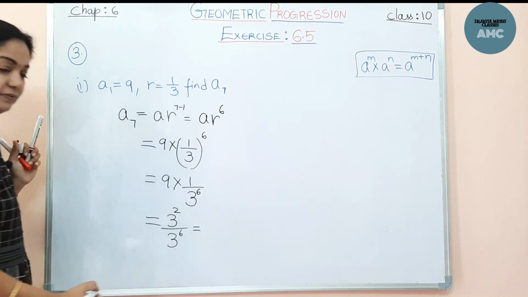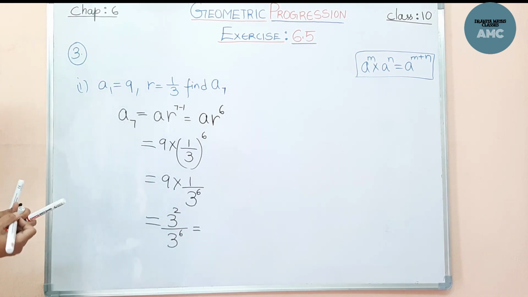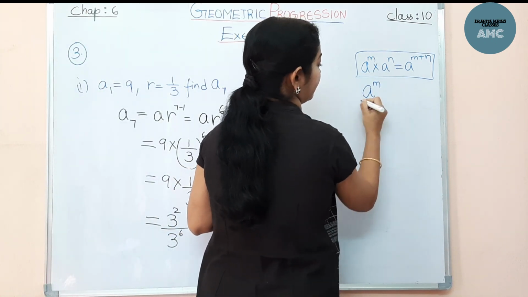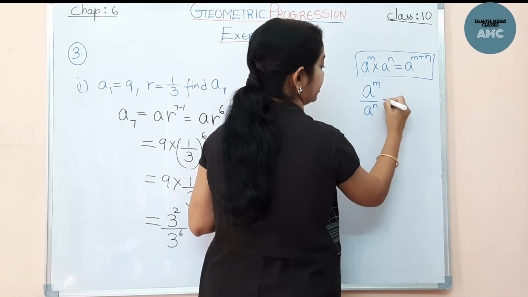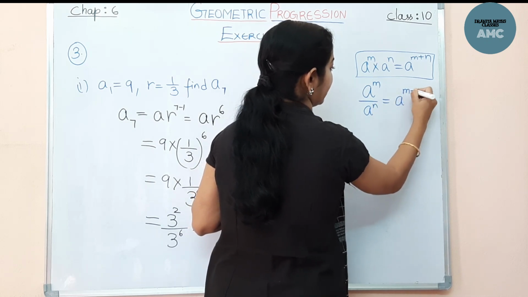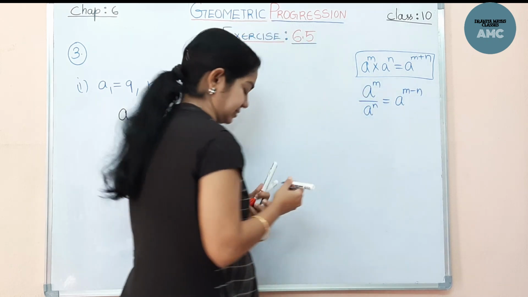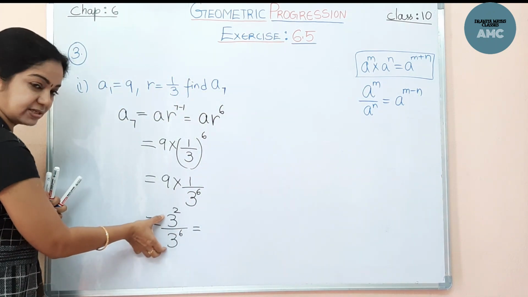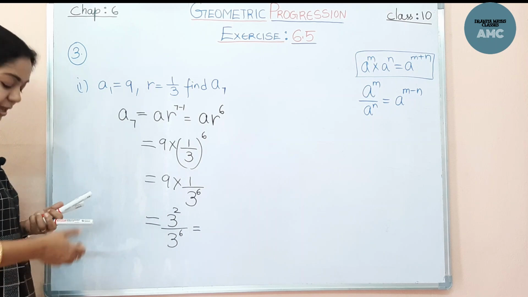Now here we will be applying the other law of indices. If the bases are the same, a to the m by a to the n is equal to a to the m minus n. This we have learnt in our lower classes. If they are divided having the same base, we have to subtract the exponents.